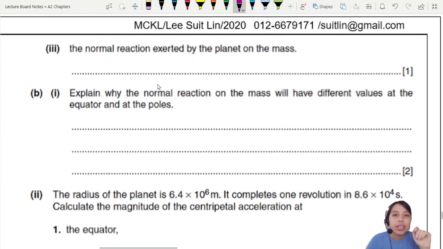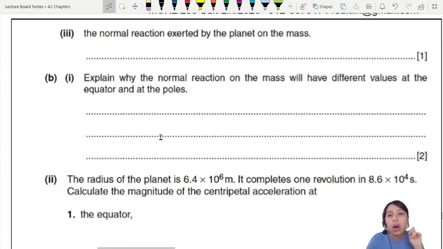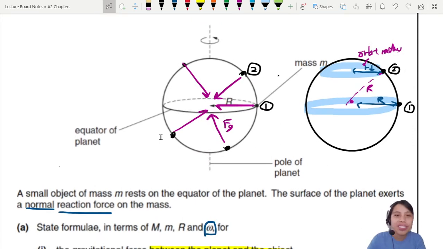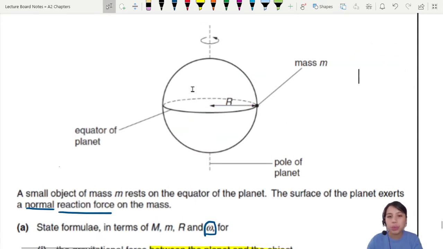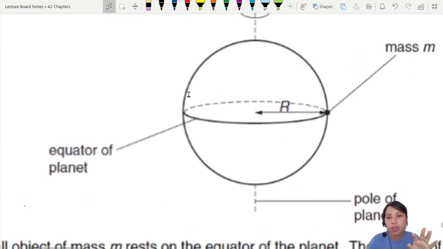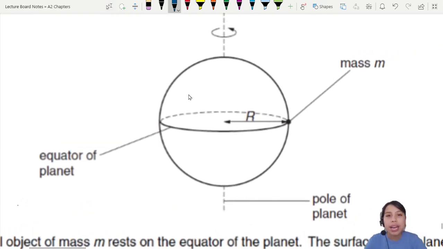Alright, with this in mind, let's go on to the next part and see what they are asking. We need another equation for the normal reaction exerted by the planet on the mass. What's our normal reaction again? Let's go down and see. I'm going to rub off these pictures and draw the forces at work. Let's assume we're at the equator first, nice and easy. We have a particle or mass on the surface.